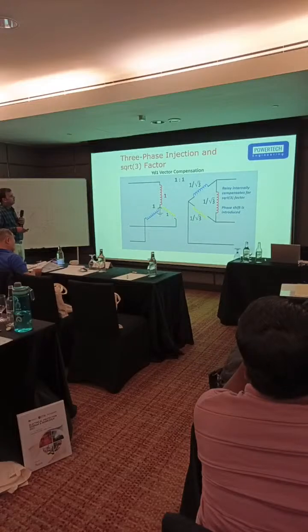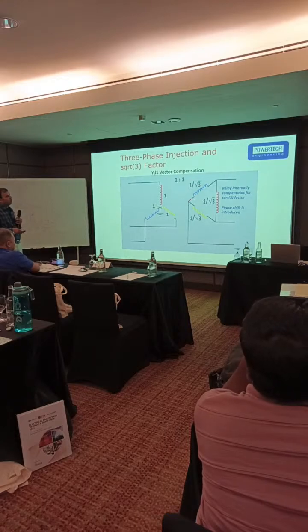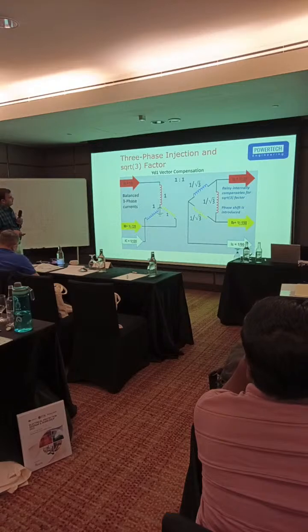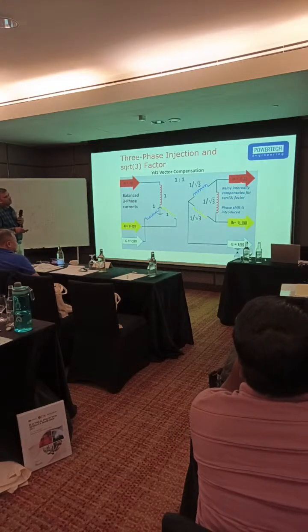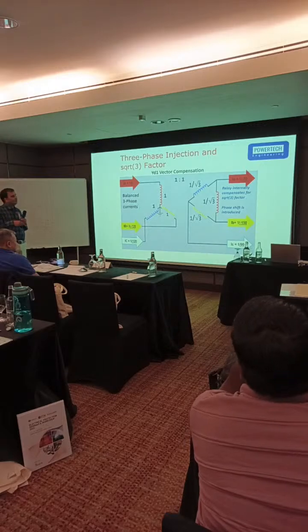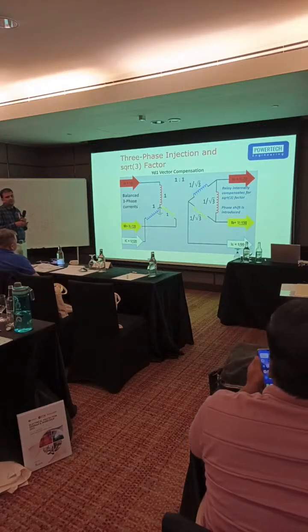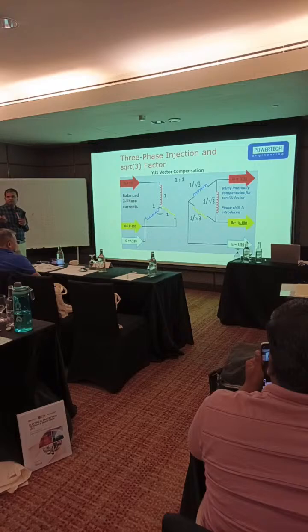So whatever we inject here, it will be divided by √3 in the winding. If we inject the balance current, then it will be shifted by -30 degree. In this case, maybe +30 degree, depending on the winding connection.